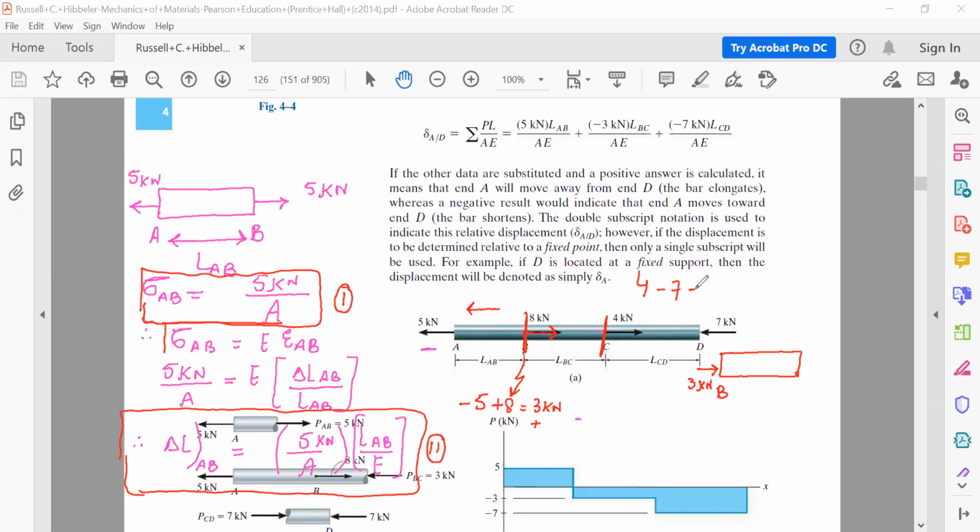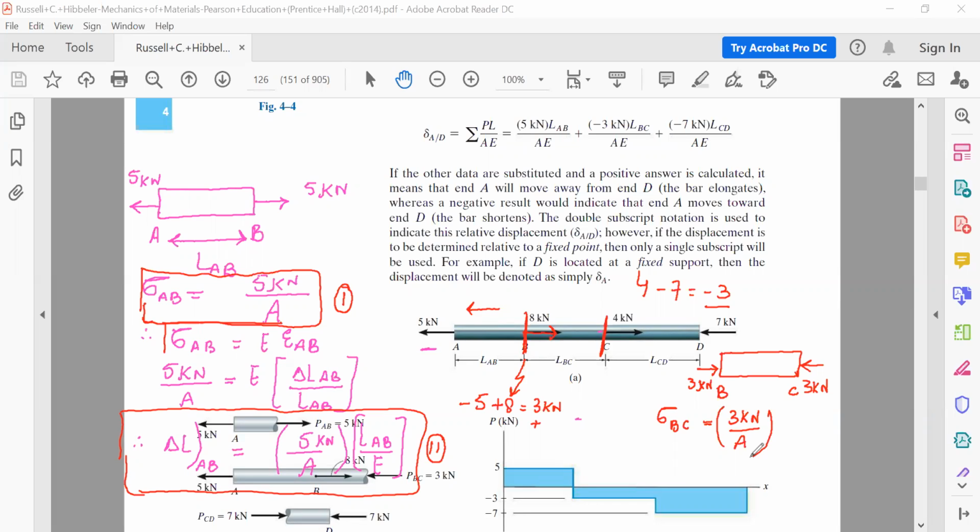So this is minus 3. Minus 3 means it's acting along negative x-axis. So it's like this. Okay. So it is 3 kilonewton along negative x-axis. Again, use the formula. Therefore, stress in the section BC is equal to force, that is 3 kilonewton divided by area.